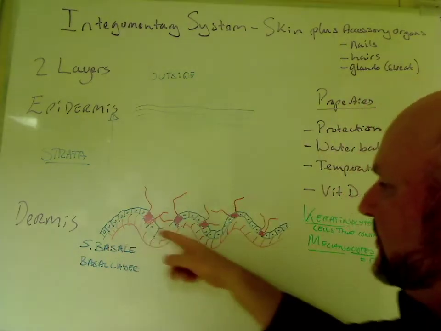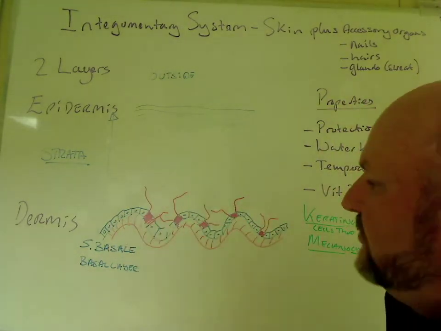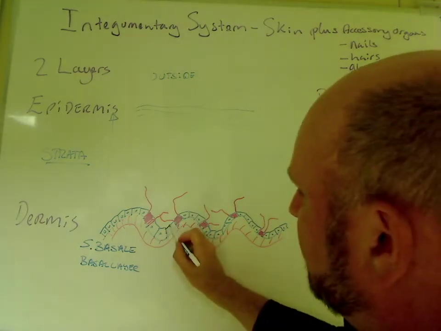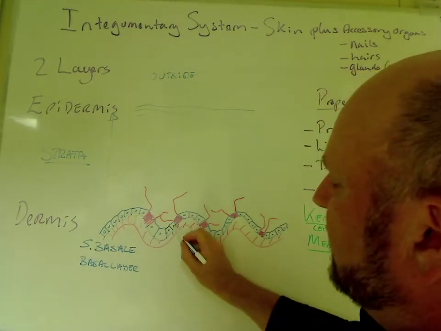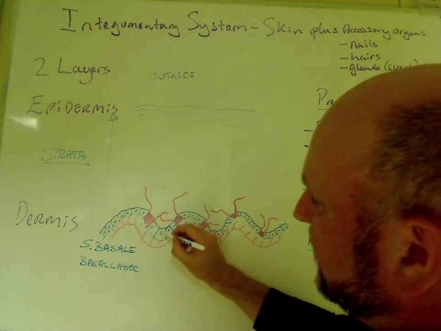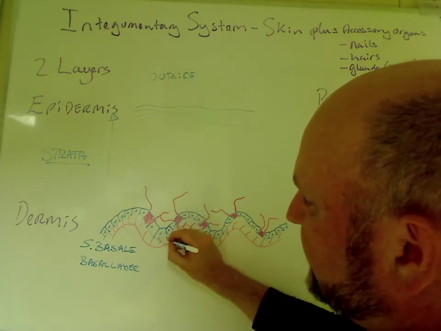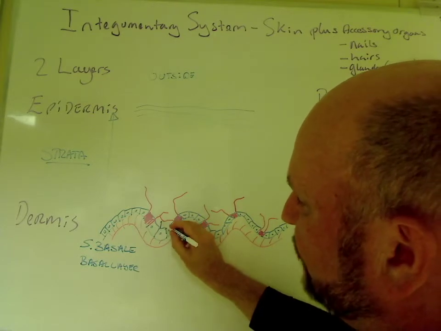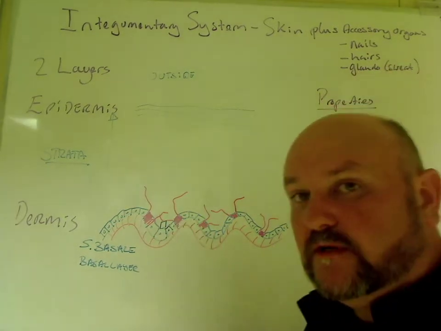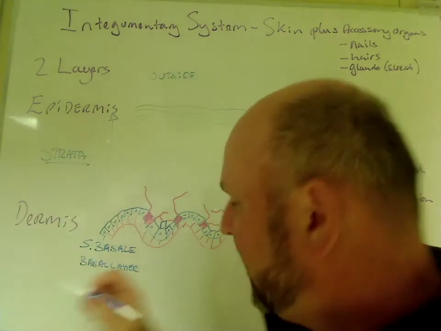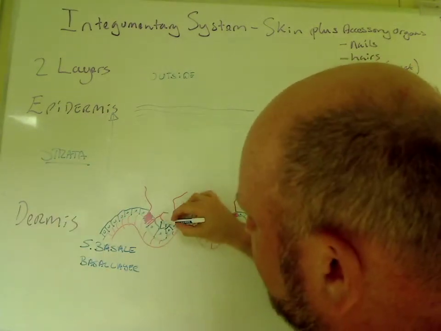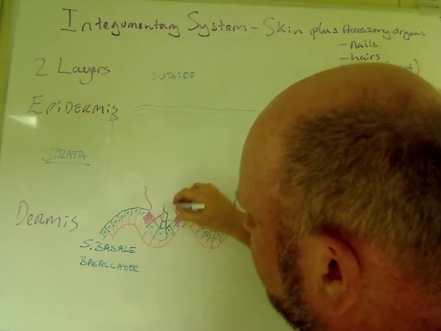So these cells are able to divide, and when they do, they split into two. So this one cell becomes two. The new cell stays there, and it pushes the new cell up one. So every time it divides, it pushes another cell up.